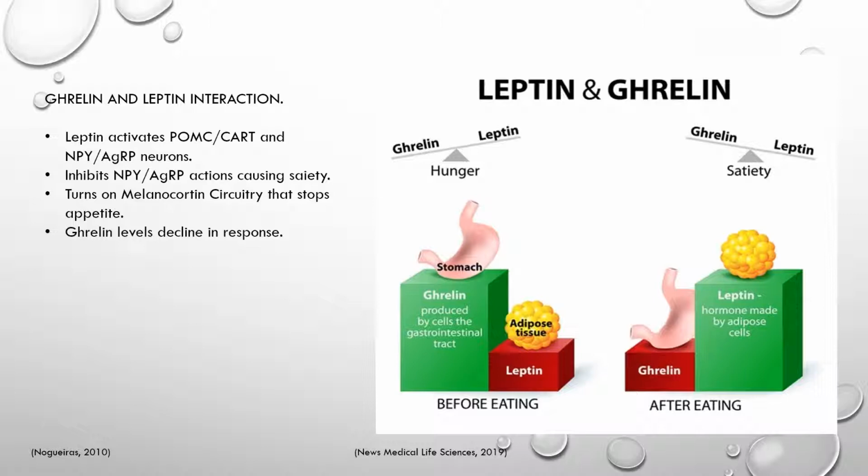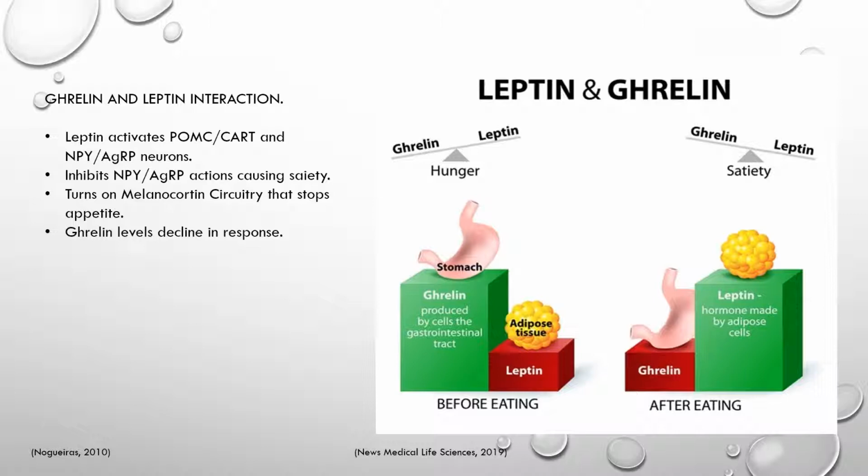Leptin activates receptors found on POMC and CART neurons, which causes the release of alpha MSH, causing appetite suppression. Leptin also inhibits the NPY and AGRP neurons, the neurons that ghrelin targets.